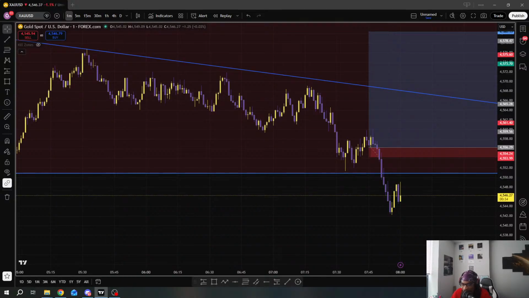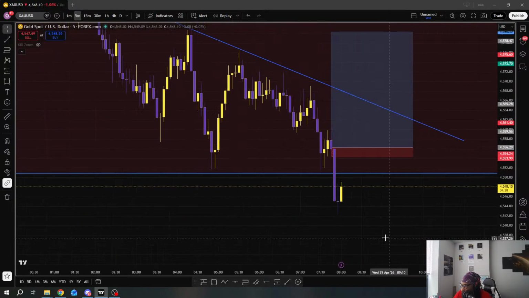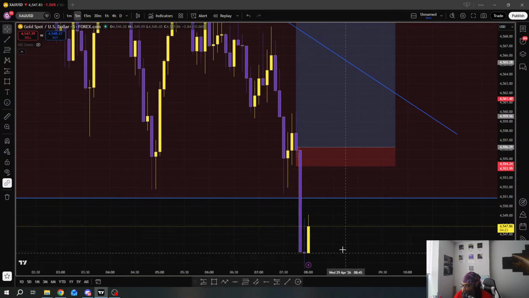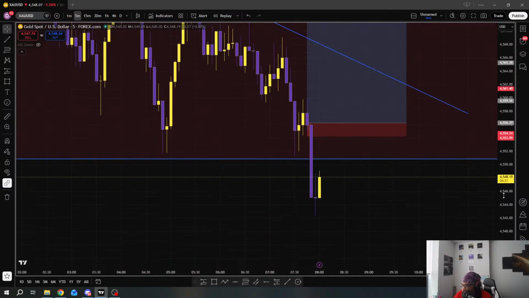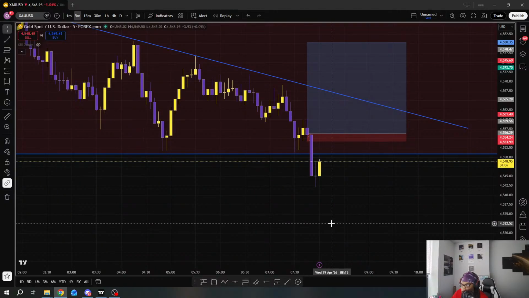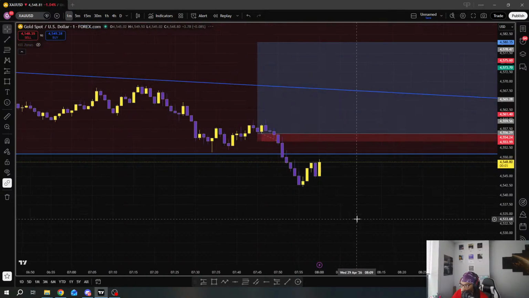I just feel like price isn't consistent. And that's like a morning star right there. For those who don't know what a morning star is, it's a morning star chart pattern.